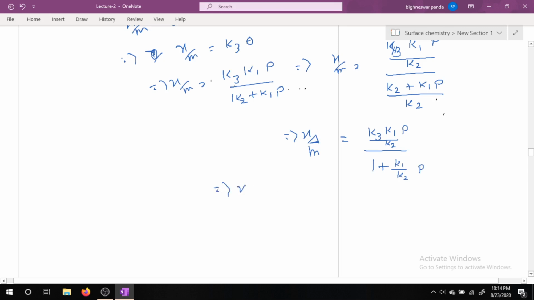I can write x by m is equal to aP by 1 plus bP, where a has value K3 K1 by K2 and b has value K1 by K2.